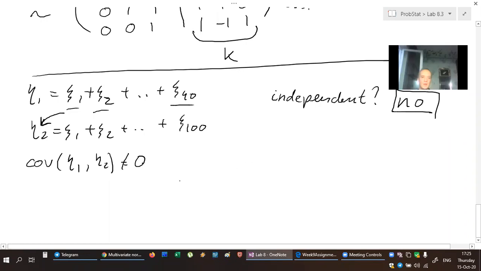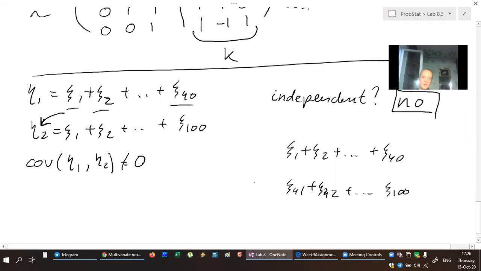Can I ask a question? Yes. Correct that if we have, for example, xi1 and also the second variable, then these variables are dependent because they contain in their expressions the same random variables. Yeah. But if you had xi1 plus xi2 plus and so on plus xi40 and xi41 plus xi42 and so on, then they're independent.